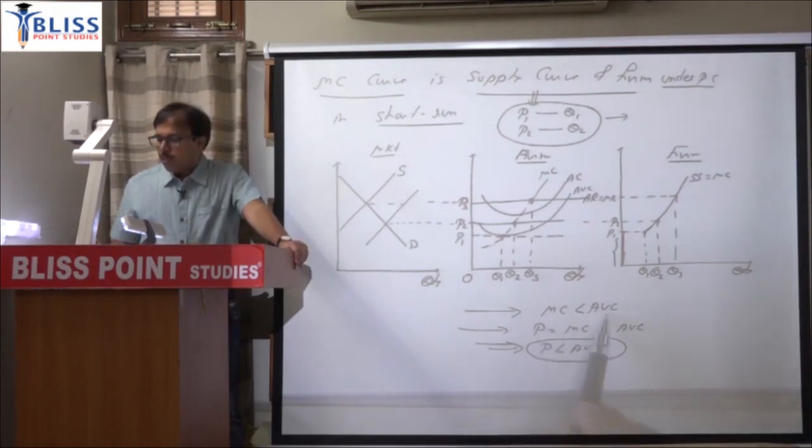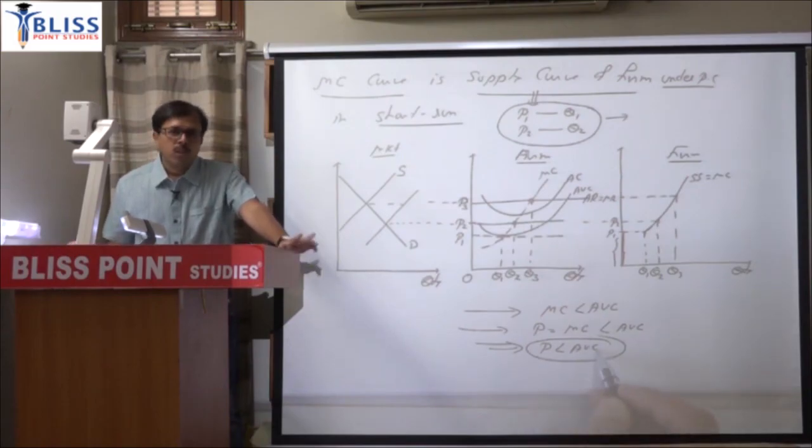The part of MC which is below AVC, if you are equating price with MC, it means price will also be less than AVC. But price less than AVC means operating loss, and that is why the firm prefers to shut down the business.